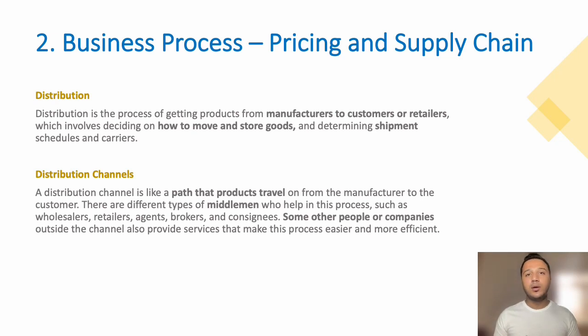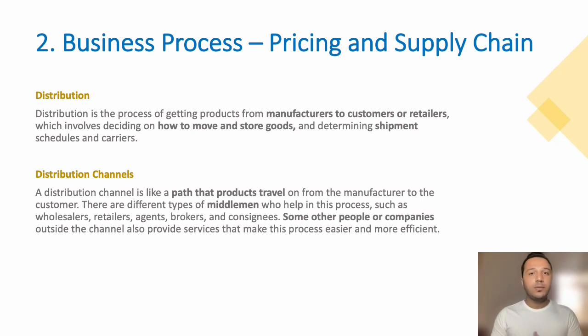It could be through heavy trucks, or it could be through flight arrangements to provide the products to the end user, or it could be through sea channel or shipment. So it could be in any form, but we have to ensure that the distribution channel which we take is appropriate to our need and to our customers, and that the cost element, the efficiency and the effectiveness are considered.